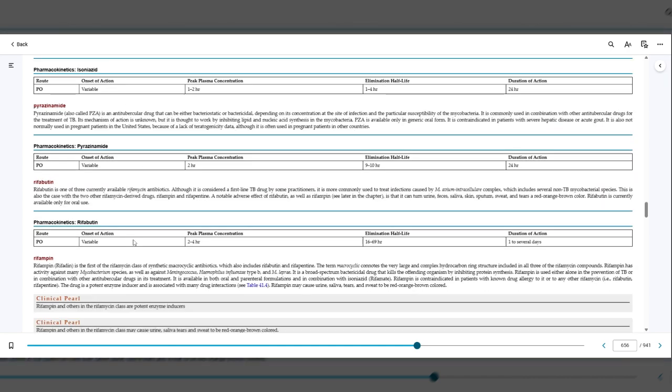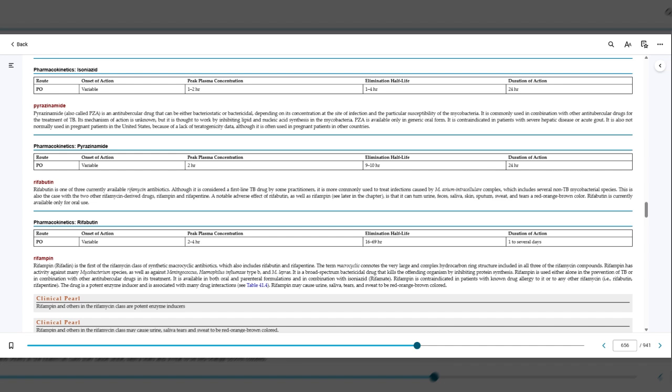My next one is rifampin. Rifampin's a broad spectrum bactericidal drug. It kills the offending organism. It's used either alone in the prevention of TB or in combination with other anti-tubercular drugs. It can be in both oral or parenteral formulations, and it's usually in combination with isoniazid.